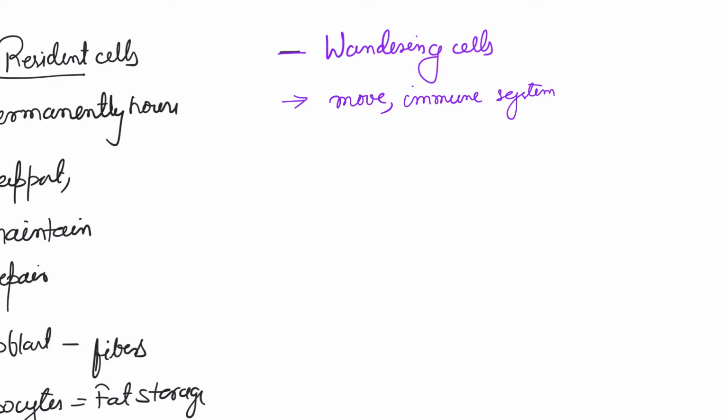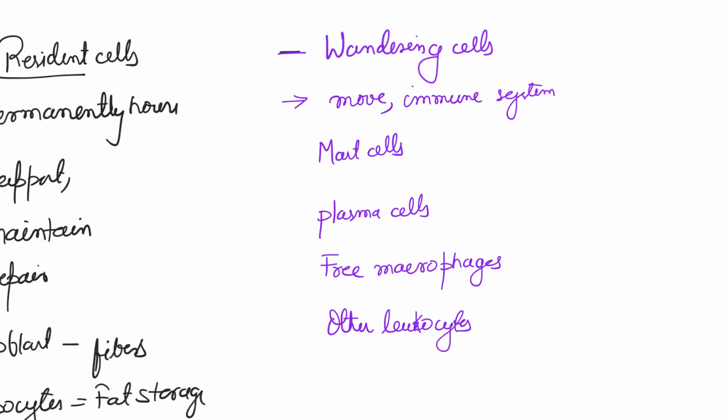Let me first have the names. It could be mast cells, plasma cells, free macrophages, or other leukocytes. Now, what is the chief function of all of these? Mast cells are generally put into action when there's blood loss, when there has been an injury. They secrete heparin, and if you don't know what it is, it's the natural anticoagulant that blood has, right?